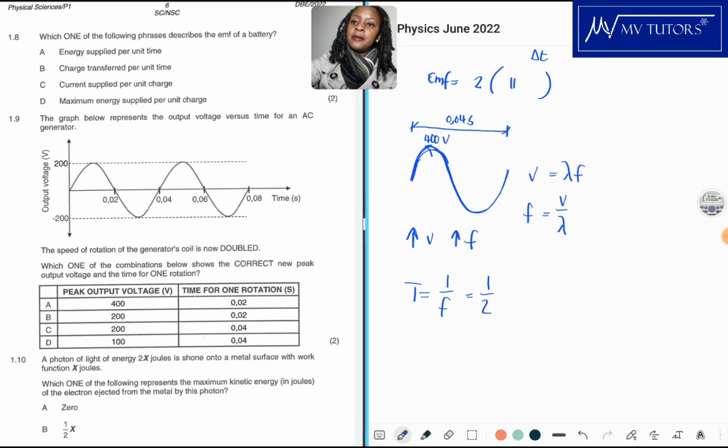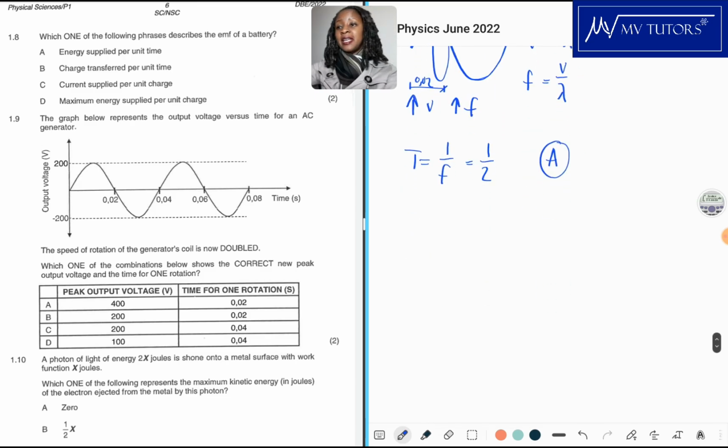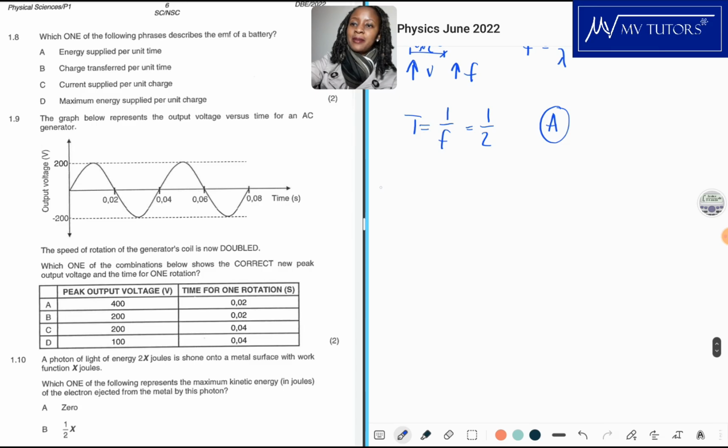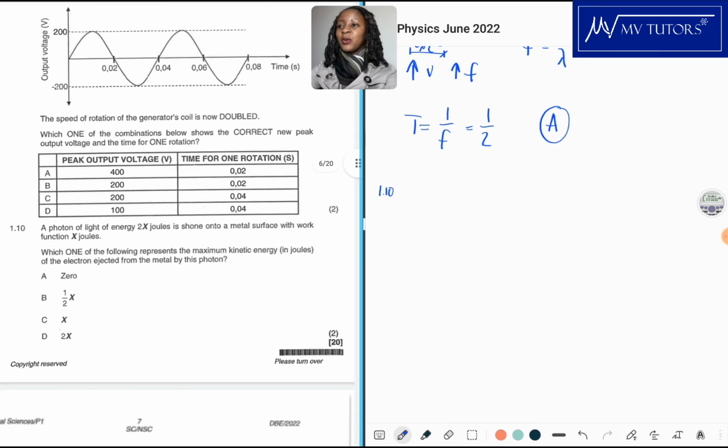So it will be something like that. 0.02, and therefore the answer would be A. But like I said, if you figured out that the EMF is doubled, there was absolutely no need for you to check the time.